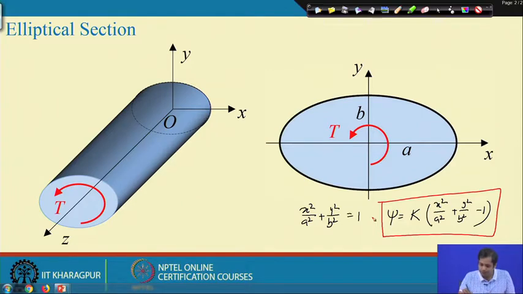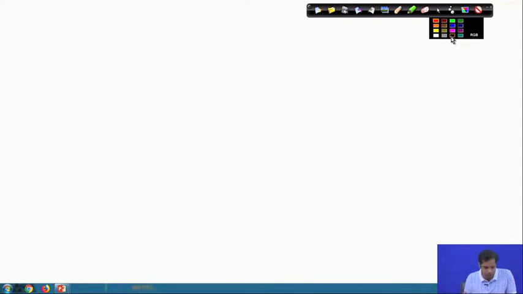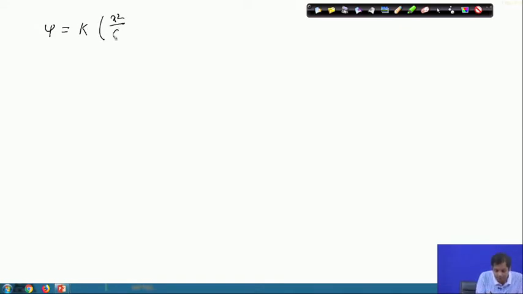Okay. So, let us do this exercise now. So, we have psi is equal to k, where k is a constant that we need to find out, times x square by a square plus y square by b square minus 1. Okay. So, this is psi.